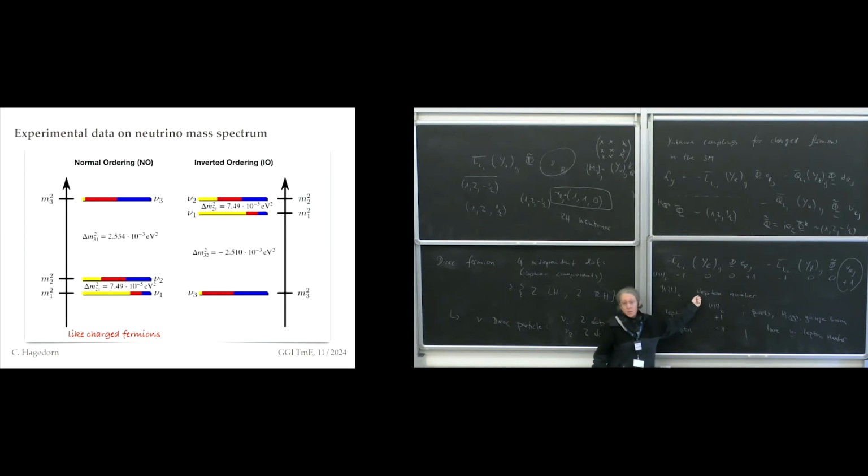Whether or not lepton number or also baryon number is conserved in any extension of the standard model, there we have to put a question mark. Okay, but if we study the simplest extension of the standard model, which means we just throw in right-hand neutrinos, we copy the mass term for the neutrinos from what we learned from the charged fermions, we see that lepton number actually is conserved.